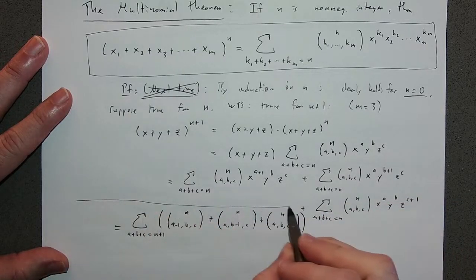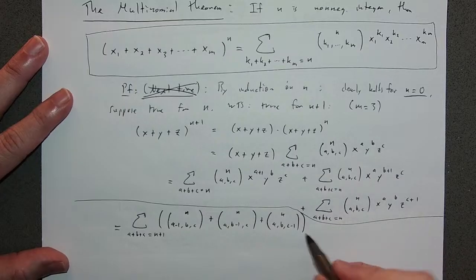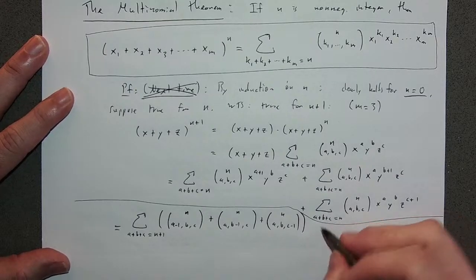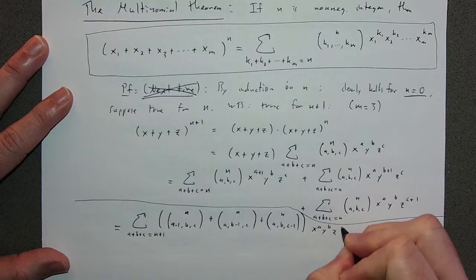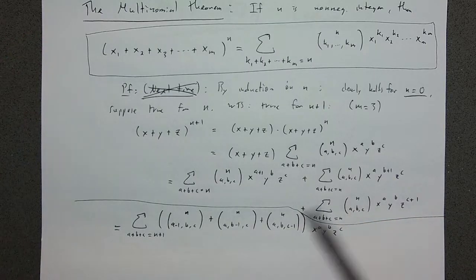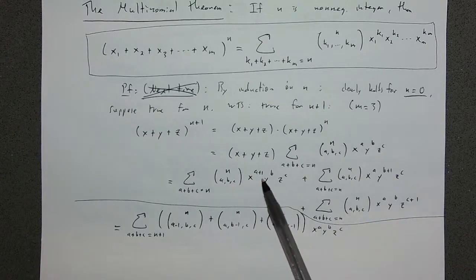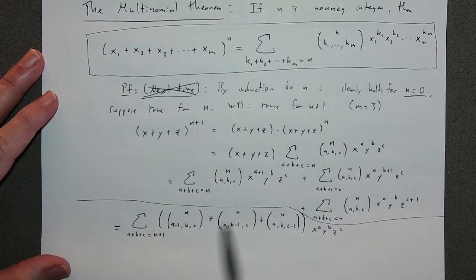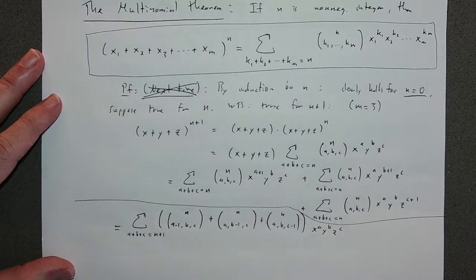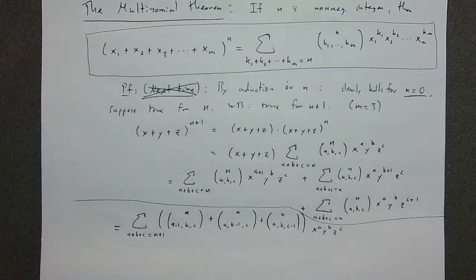Let me draw a line here because these are going to run together. Where does this come from? This comes from reindexing each of these sums ever so slightly.